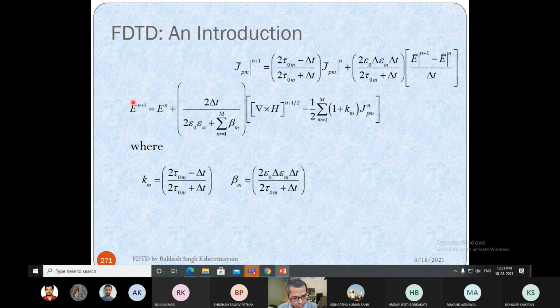So in the expression for this E^(n+1), you have this summation, m going from 1 to capital M, of β_m. β_m is this term here, and K_m is this term here. K_m also exists here.